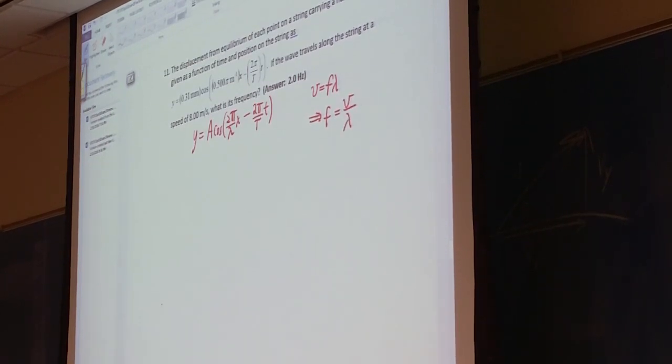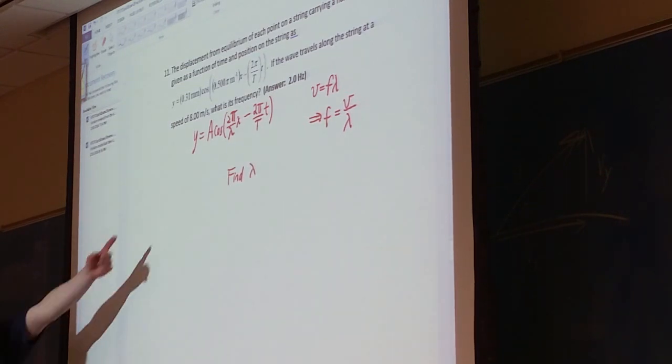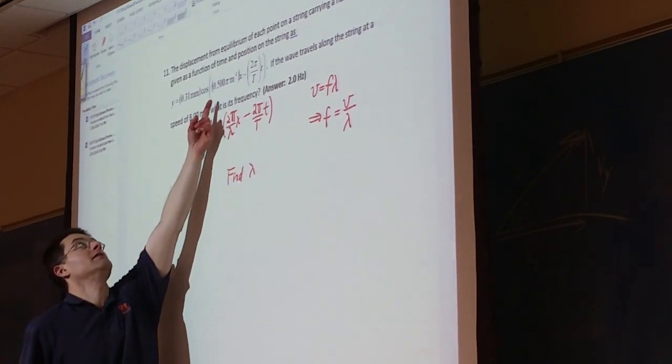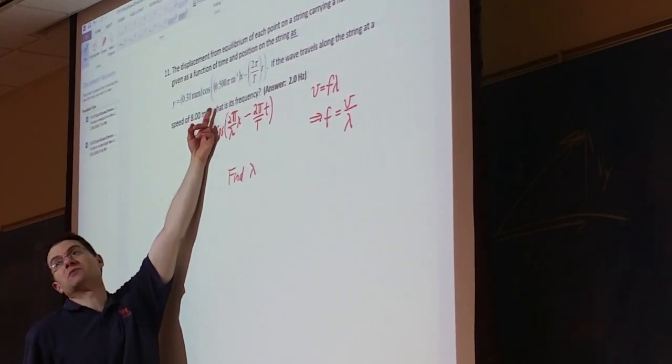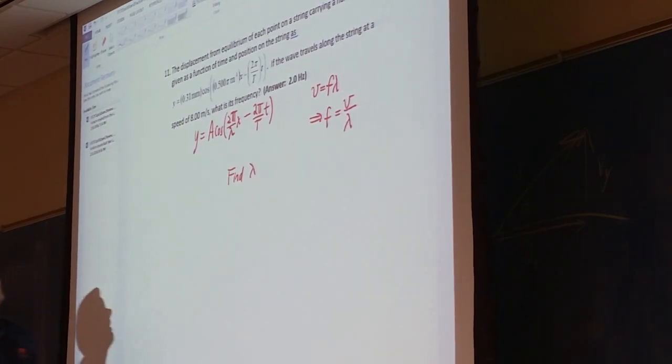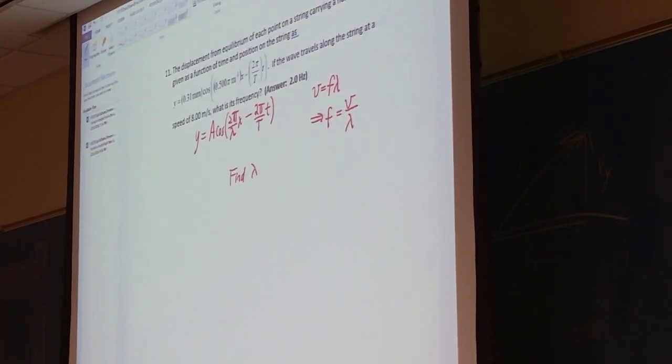So how do we find the wavelength from the displacement function that we're given? Right. We know that the coefficient of the x is 2 pi over lambda, and the coefficient of the x in this particular displacement function is 0.5 times pi inverse meters.